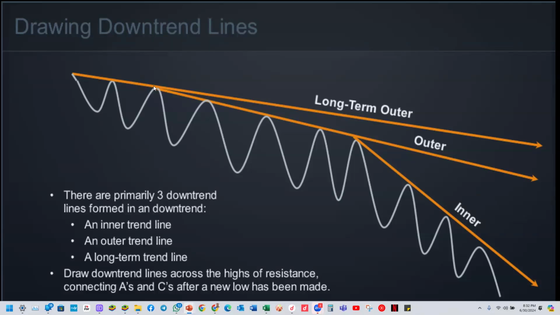You will now connect the last place where the market touched the trend line to the next high the market created before it dropped without touching the trend line. So that is your outer trend line.